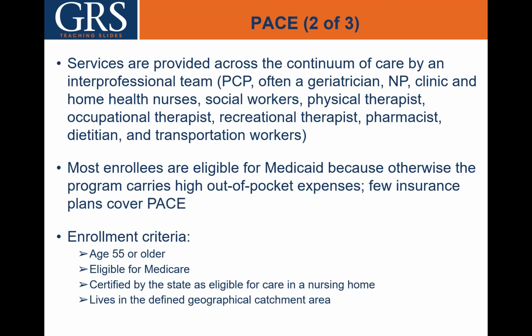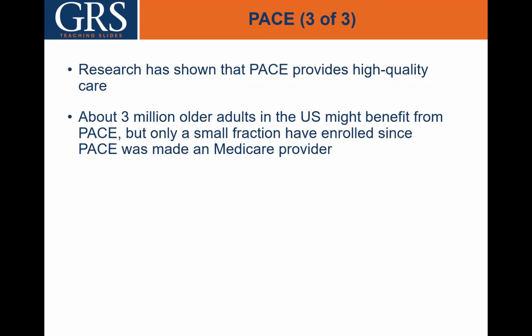They only allow patients at age 55 or older who are eligible for Medicare, who are also certified by the state as eligible for care in a nursing home, and who are living in the defined geographic catchment area to qualify for this system. So you can see that the criteria will screen out most patients. But research has shown that this system really provides high quality care for those patients.